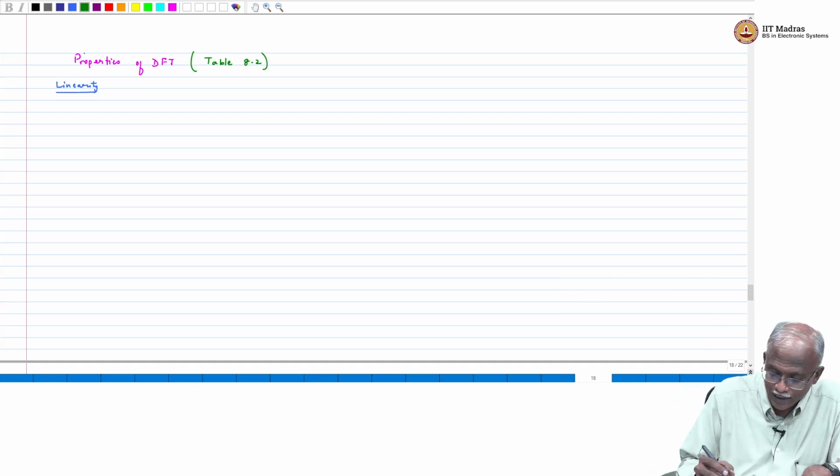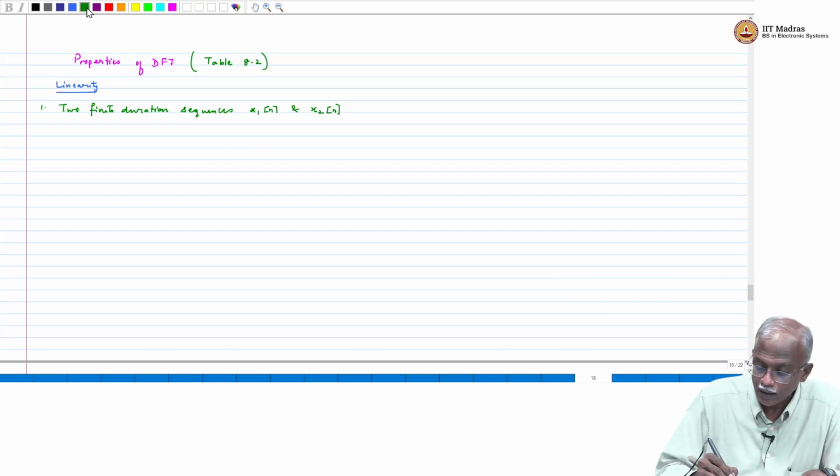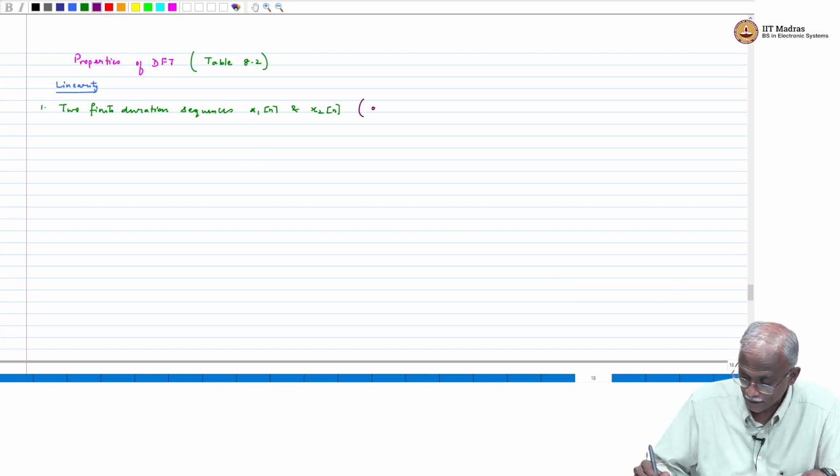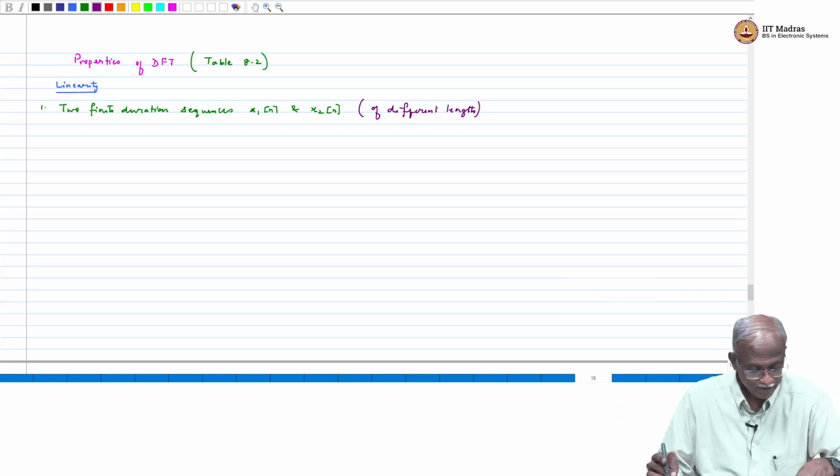So, basically, when you are combining two finite duration sequences x1 of n and x2 of n, they can be of different lengths. The advantage is that we can append zeros so that we now have the same length.